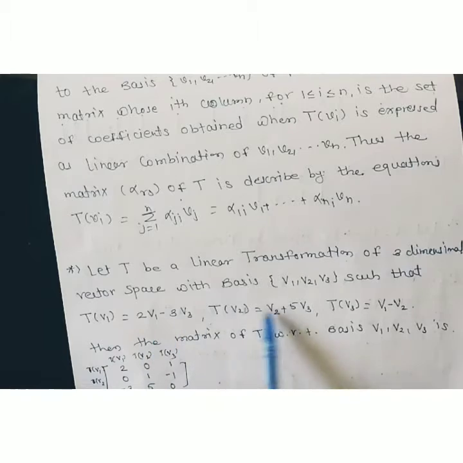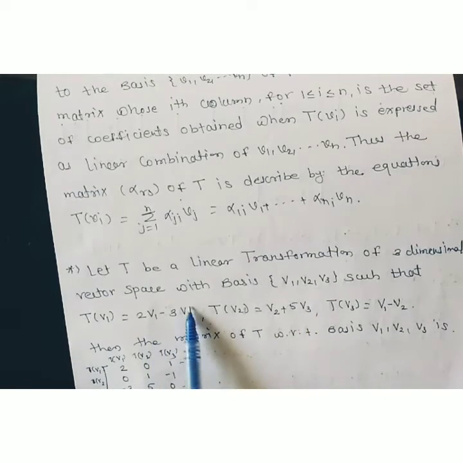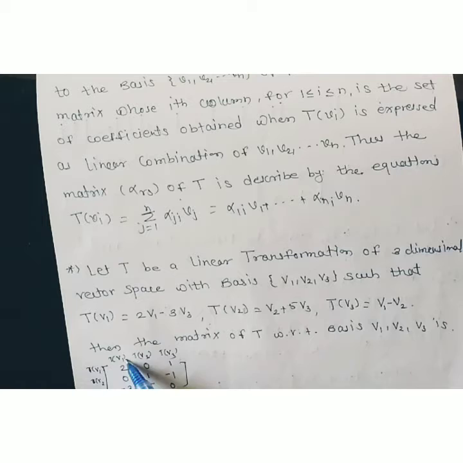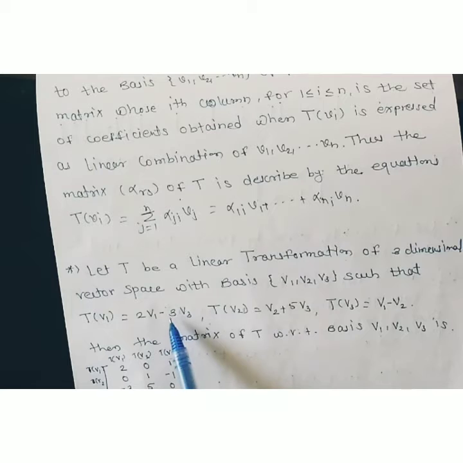If this is not the case, if these elements are not given as a linear combination of the basis vectors, then we do not consider the coefficients directly as entries of the matrix in the first, second and third column. Here we have directly given T of v1, T of v2 and T of v3 as linear combinations of the basis vectors v1, v2 and v3, therefore we consider the coefficients as entries of the columns.